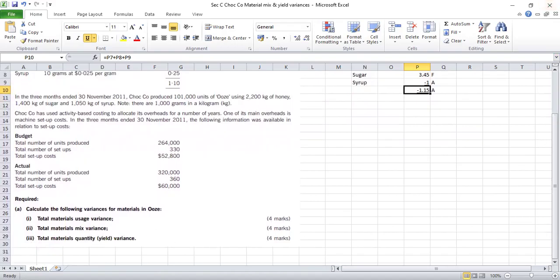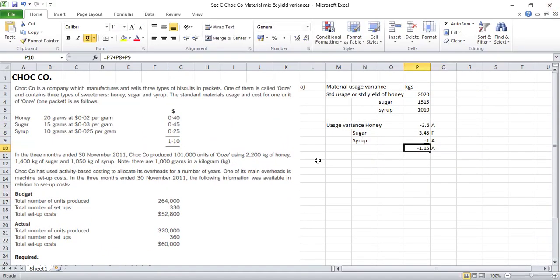So now we will calculate mix variances. To calculate mix variances, first of all, we need the standard mix of honey, which is equal to 20 grams converted to kgs, multiplied by the total actual usage. We did not calculate the total actual usage yet.